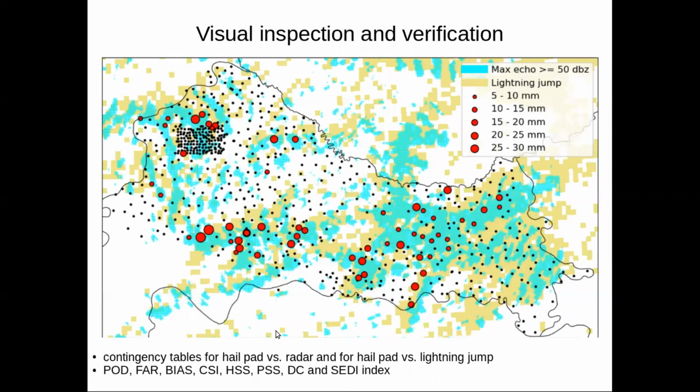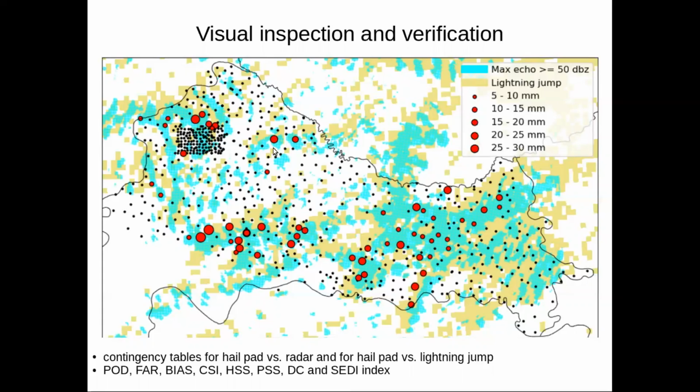So if we put all our data in one figure, it looks something like this. Black points are showing hailpad locations, and the red points are showing hailpads which reported some type of hail. The size of these red points is proportional to the maximum diameter recorded on that particular hailpad.